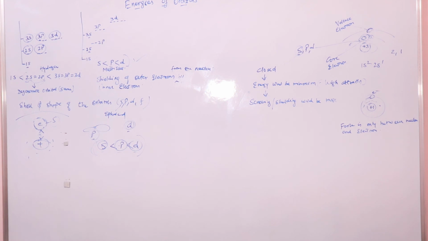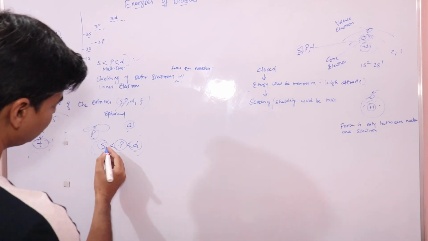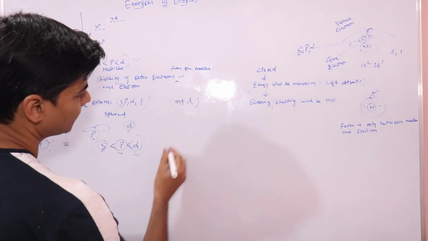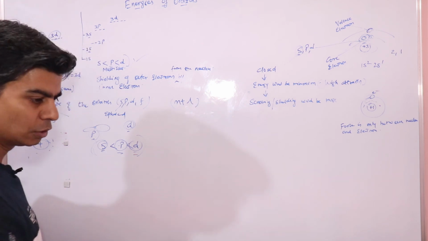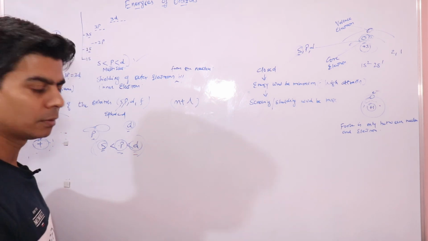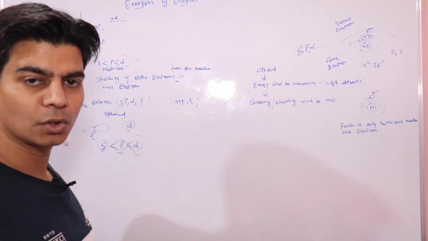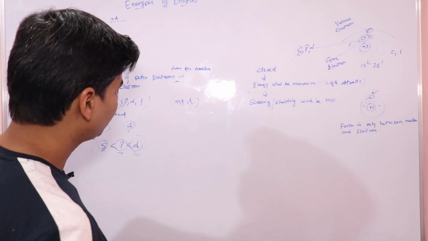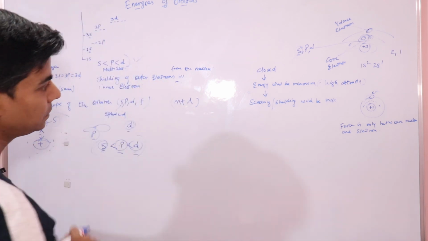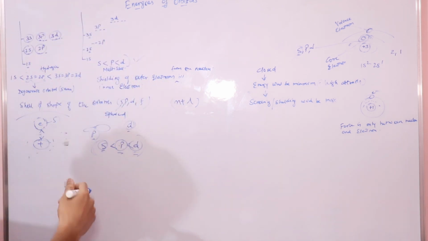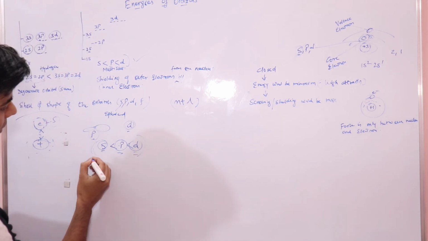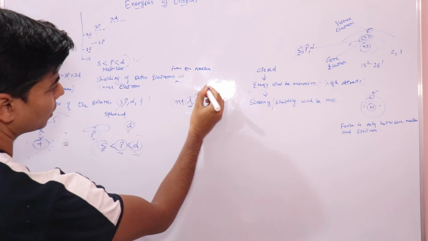And one thing: the energy of these orbitals can be seen from the n plus l rule. If the value of n plus l is low, then the energy of the orbital is low. One more important thing: in multi-electron atoms, the energy of these subshells depends on the azimuthal quantum number also.